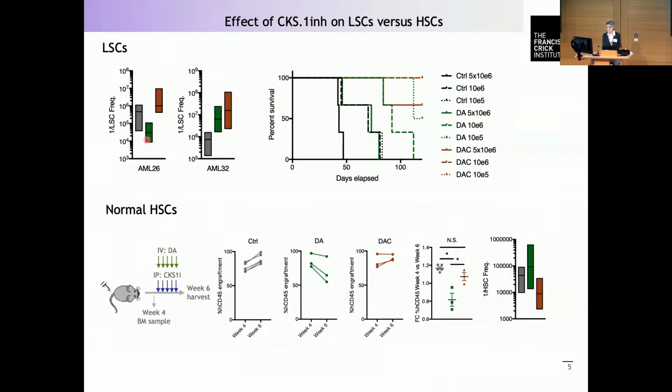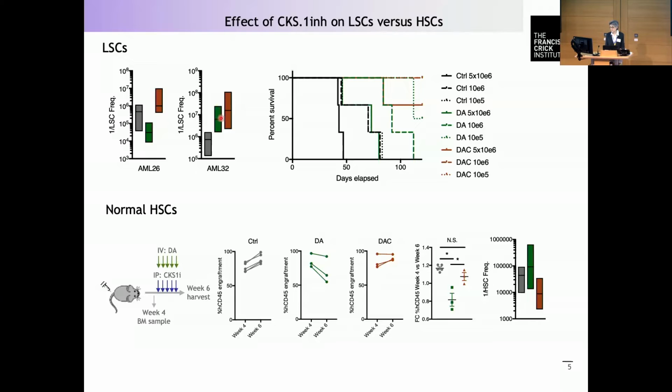So you have at the end an enrichment of the leukemic stem cells that is residual after the treatment. If you add, in addition to this treatment, a CKS1 inhibitor, you see that you actually promote the elimination of the leukemic stem cell pool.